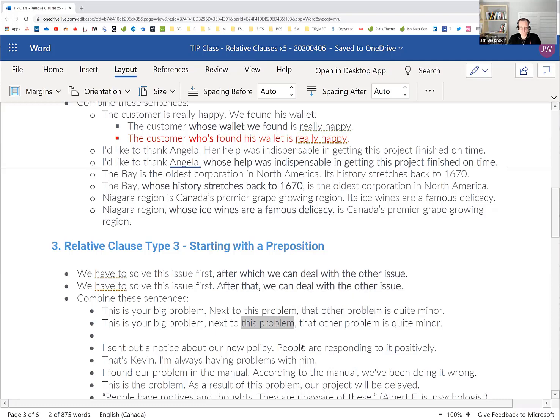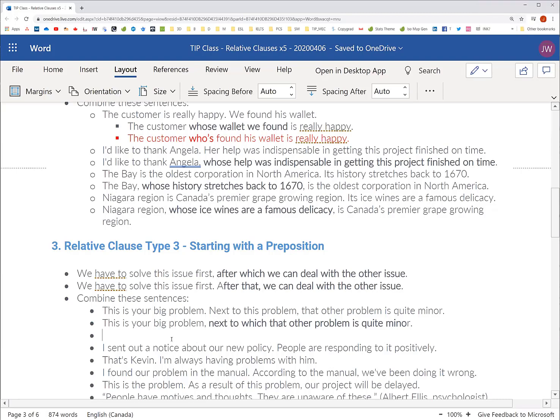What do we replace it with? Issue. Which. Oh yeah, because it's repeated like three times. Next to which. "This" after "is," before "which."